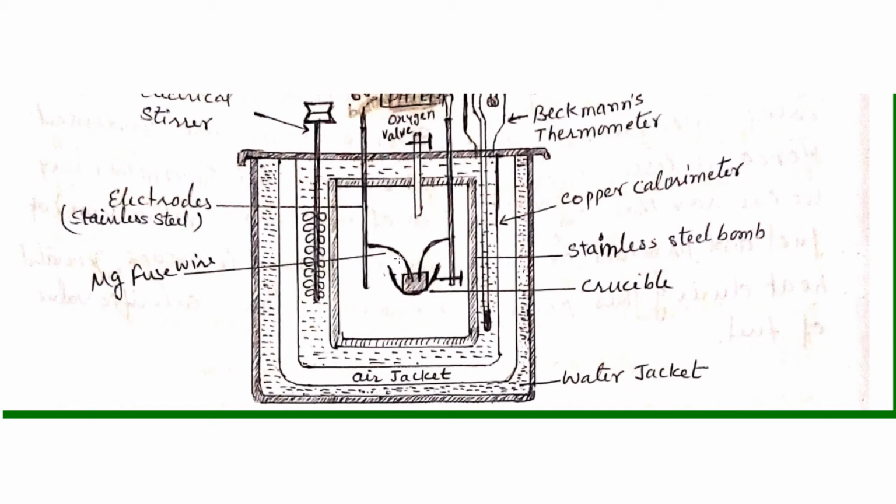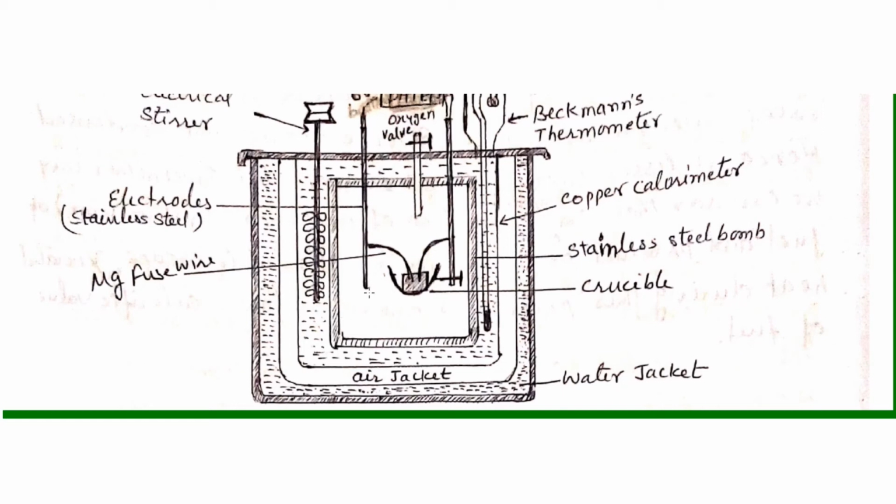And this bomb calorimeter has a platinum inner lining, which protects it from corrosion, because as we know most of the organic fuels contain organic sulfur, which on combustion in the presence of oxygen makes the corresponding sulfur oxides.